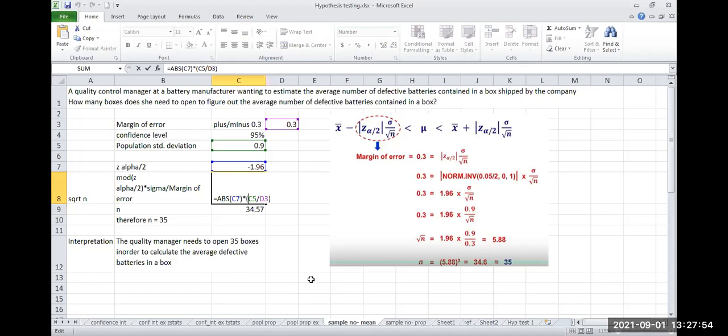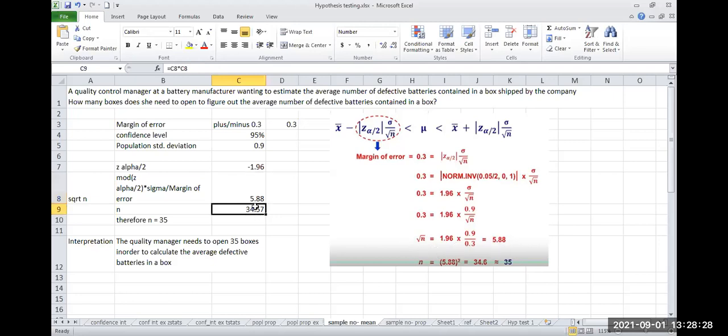This is the value 5.88 for square root of n. Please kindly do this calculation and see whether you're getting 5.88. This is basically your square root of n value. You can see it over here.